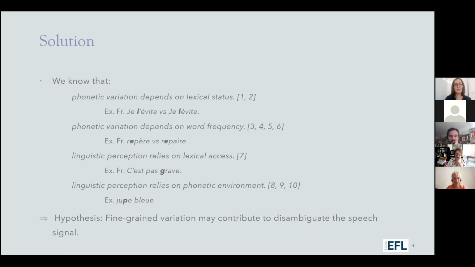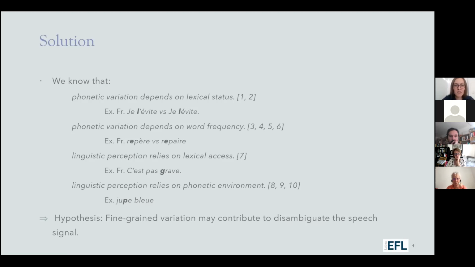We also know that phonetic variation depends on word frequency. So for example, we expect more reduction phenomena in more frequent words. For example, in repère, the first one, we are going to expect maybe more schwa deletion than in the second repère, which means there.